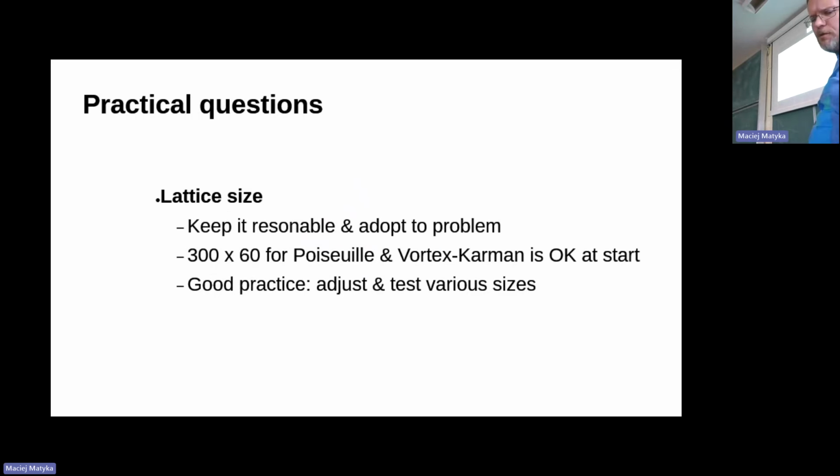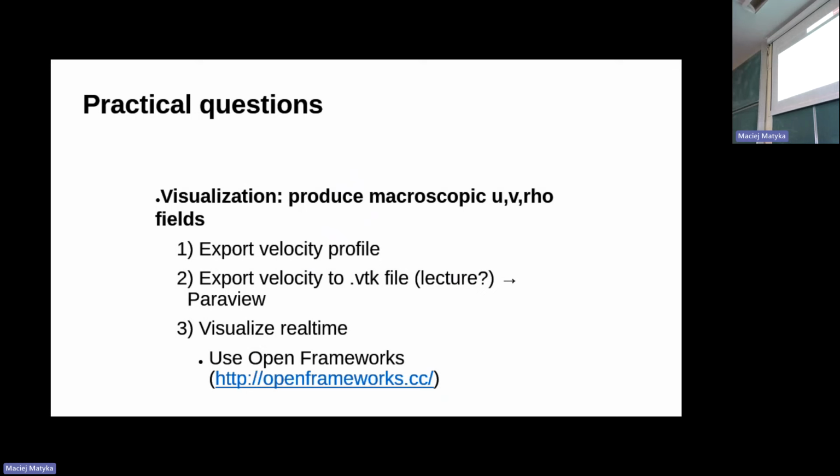It's not that much, but yeah, if you want to do it proper for high Reynolds number, then you need to scale it up. And for the visualization, I recommend, if someone wants to work with such, I will tell more in the Lattice Boltzmann part, to export the velocity or momentum profile into the so-called VTK file. VTK is very simple. It's an ASCII file you can use for that.